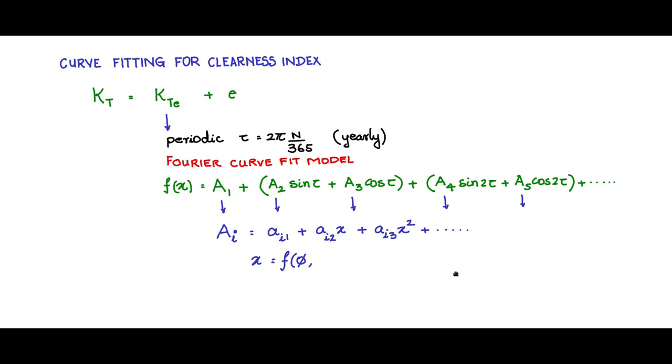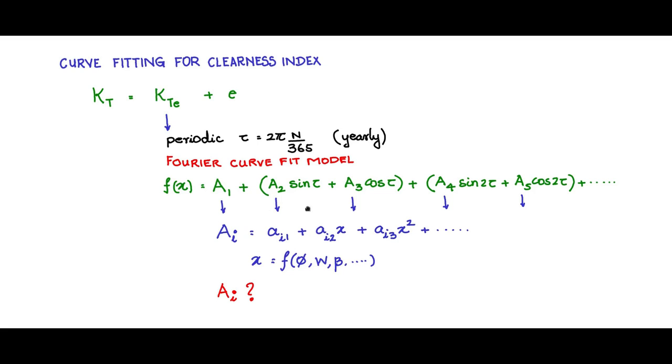One is latitude, it could be water vapor, it could be beta, and so on. So our job now is to find ai. What are these coefficient values? Each coefficient value is a function of x of this polynomial form, and these x are a function of latitude, water vapor content, beta, the tilt angle, and so on and so forth.